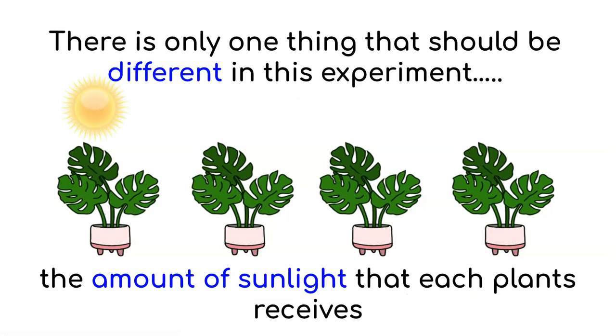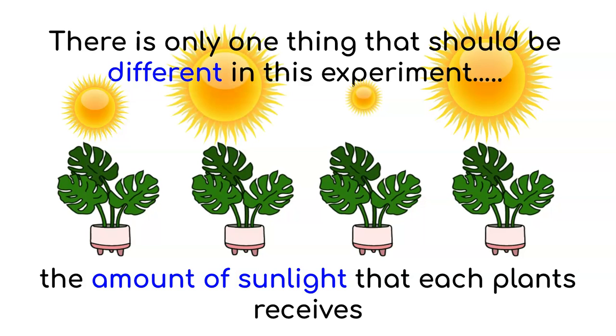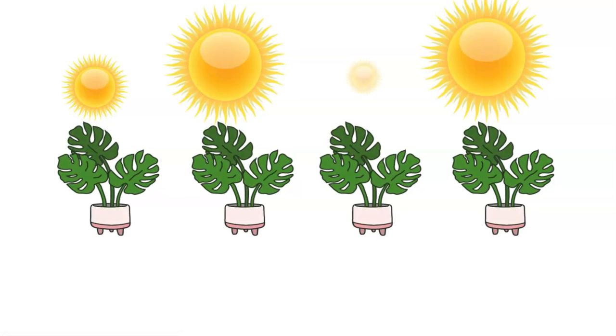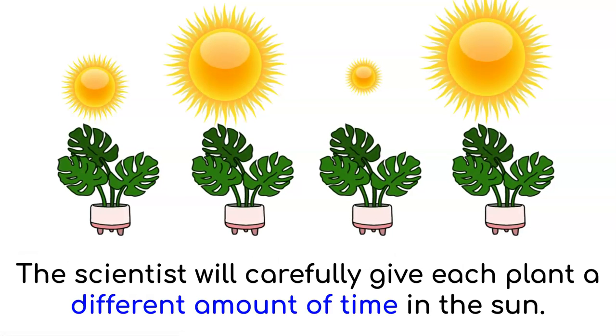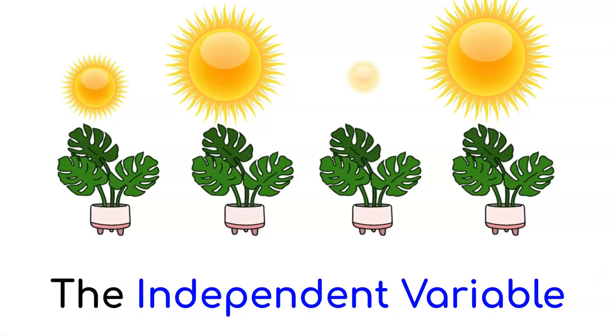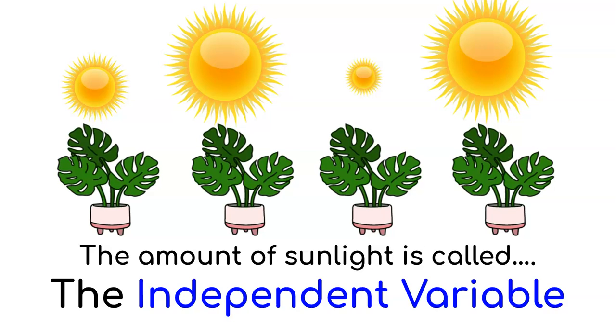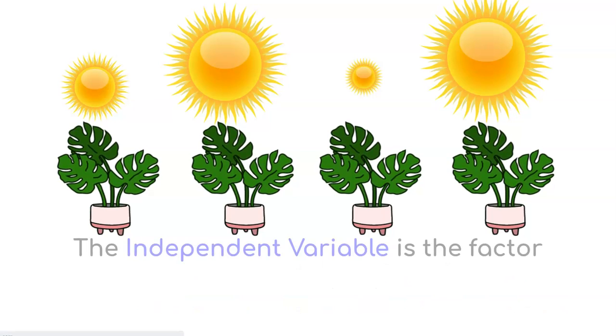There's only one thing that should be different in this experiment: the amount of sunlight that each plant receives. The scientist will carefully give each plant a different amount of time in the sun. The amount of sunlight is called the independent variable.